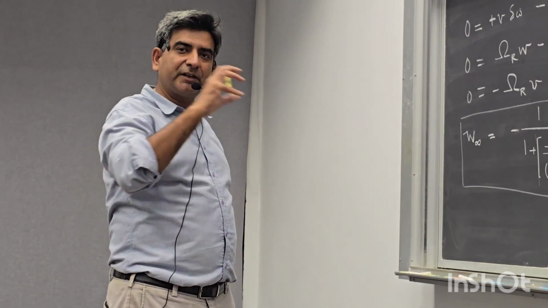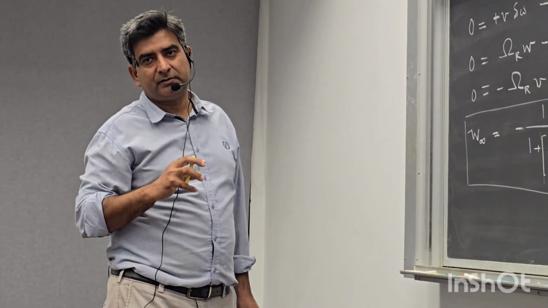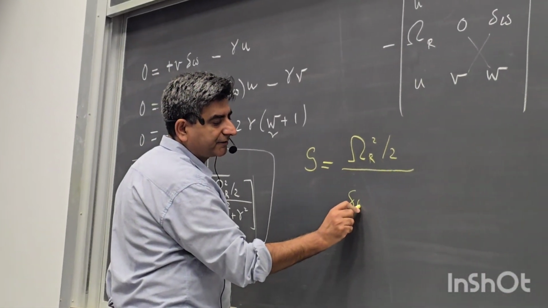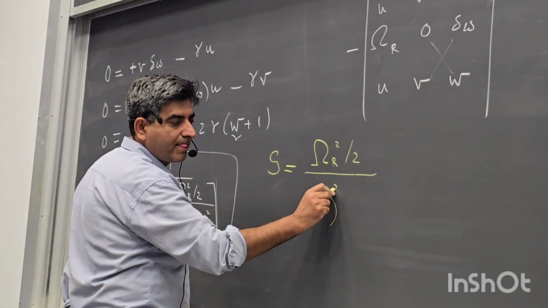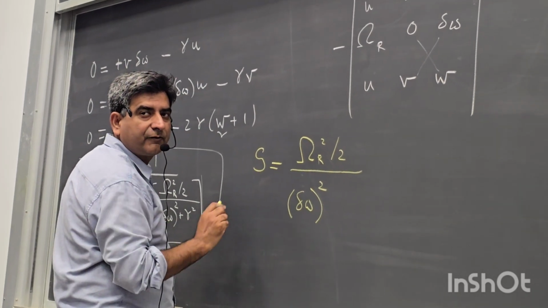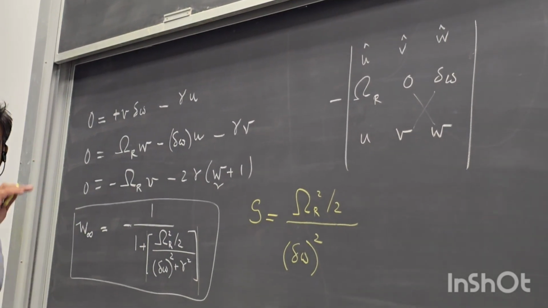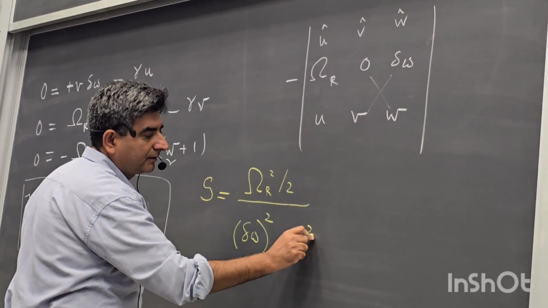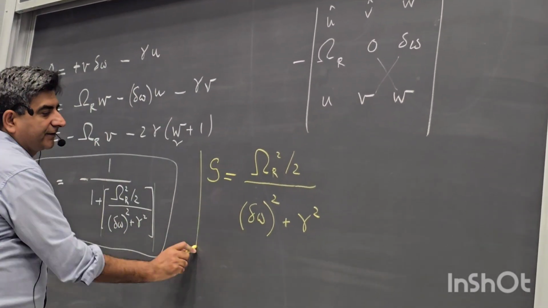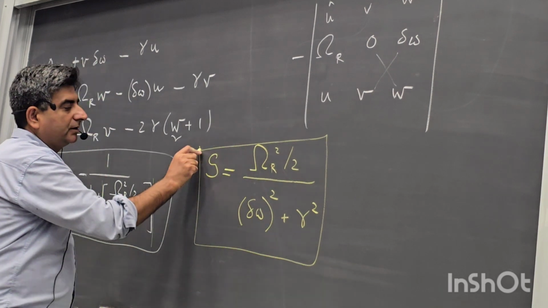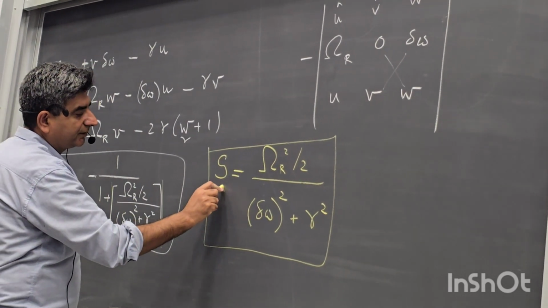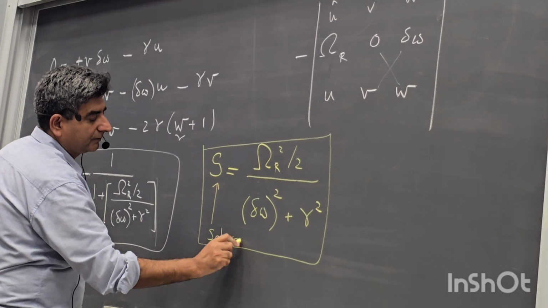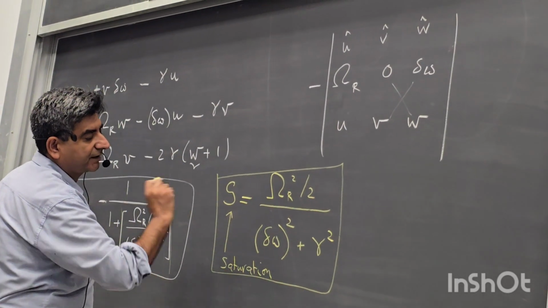So this is the strength of the applied field. And this is divided by a detuning factor. How far off is your electric field from the transition that you're interested in, plus damping. So let's call this S a saturation factor. Saturation factor.